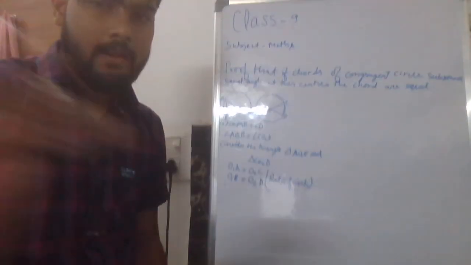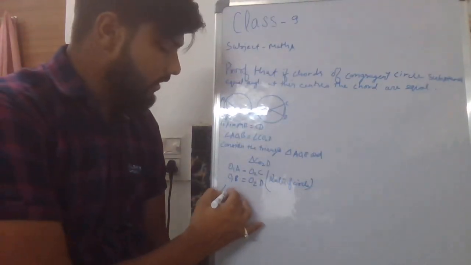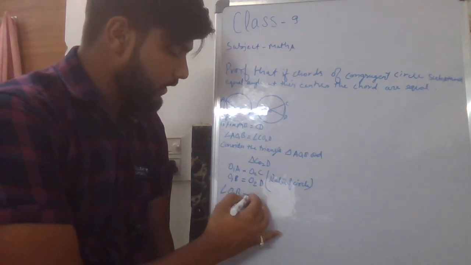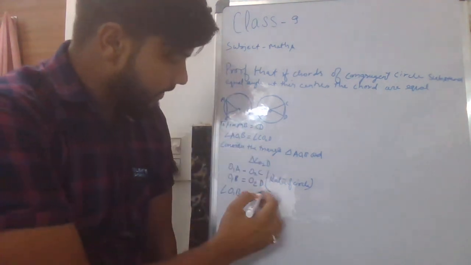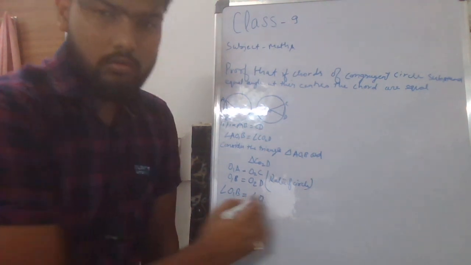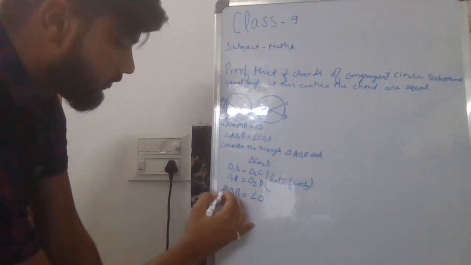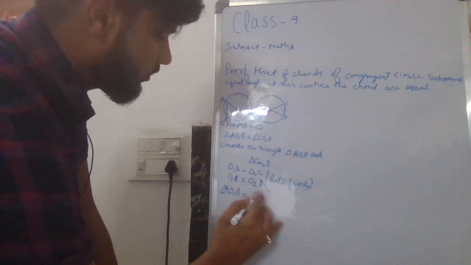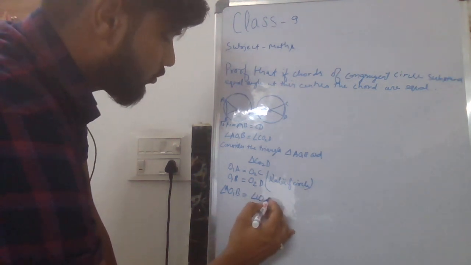Here we have to draw triangle OAB and triangle CO2D.